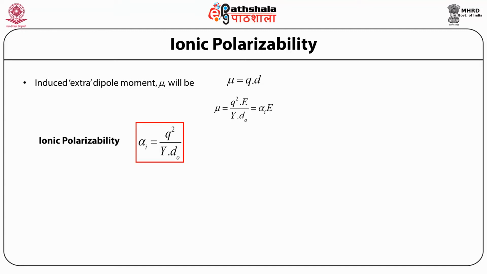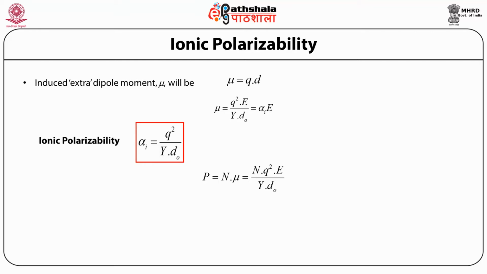Let's see. We know that the polarization P can be written as N into mu. So N into mu is equal to N into the value of mu, that is Q squared E upon Y d naught. So the polarization now becomes N Q squared E upon Y d naught, where N is the dipole density per unit volume.